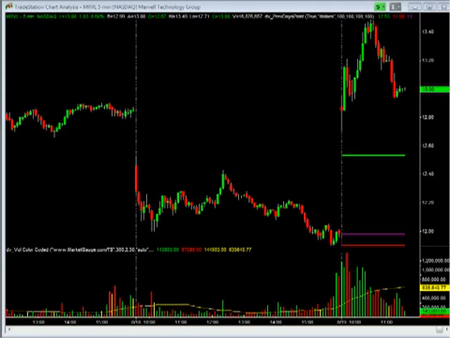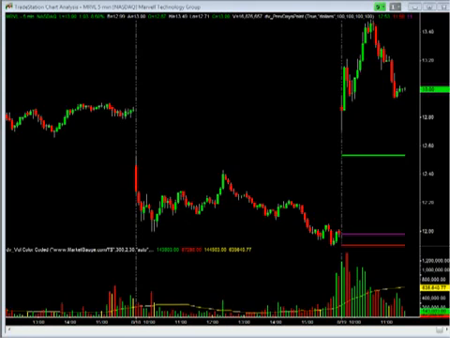Marvel is a really great volume example in that the first bar was big and then it continued to be big for a number of bars. So what you want to do is bracket in those areas, and they will give you a very good sense of where the supply and the demand is for that particular day. If you're trading OR breakouts or failures, or even swing trading and looking for entries and exits, you want to be very aware of these price points because there are all kinds of patterns that develop around them.